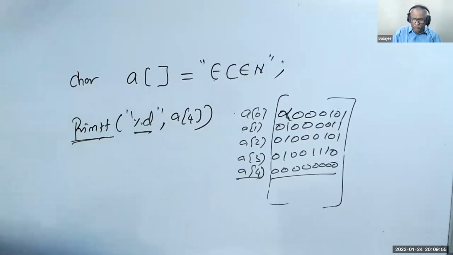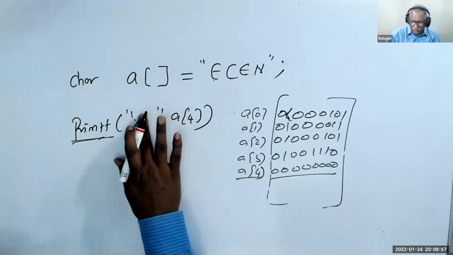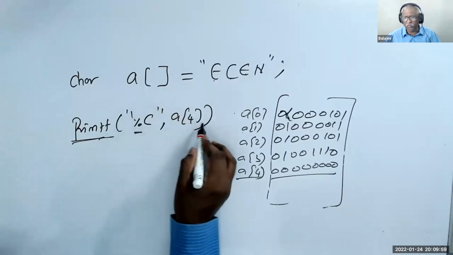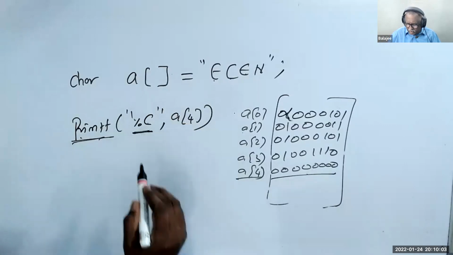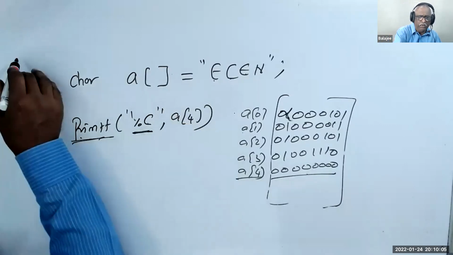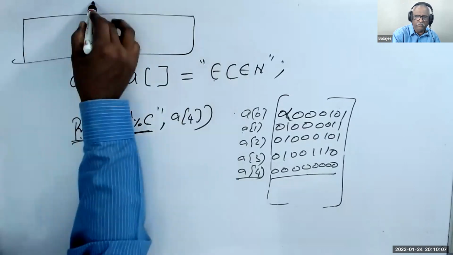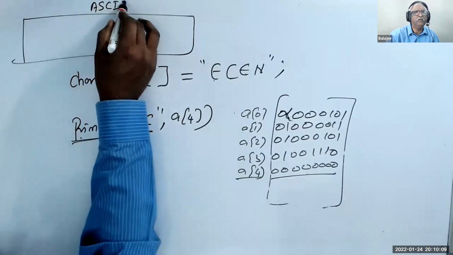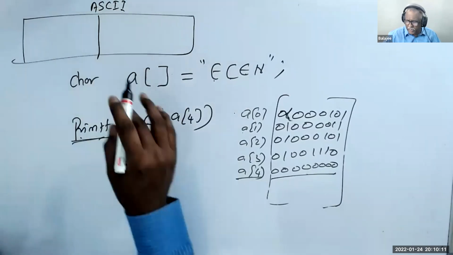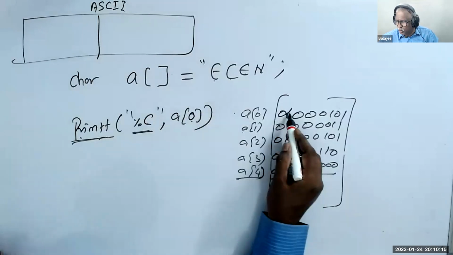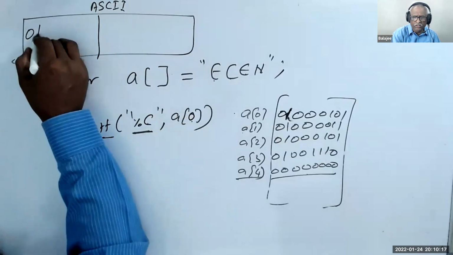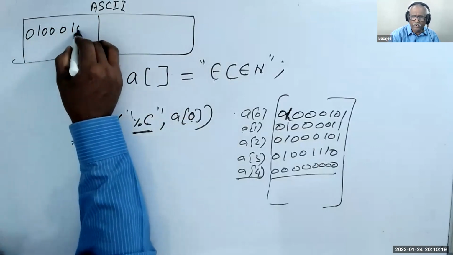Now, if you put %c with A of 4, what will printf do? When you put %c, it goes to the table. What table? Your ASCII table. If you put, let's say, A of 0, which is 1 0 1 0 0 0 1 0 1, what is that?